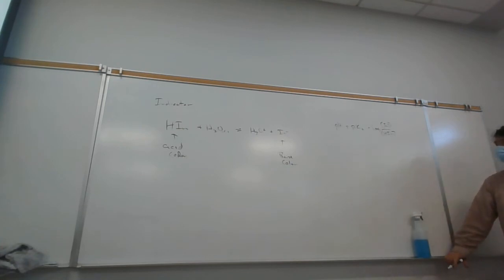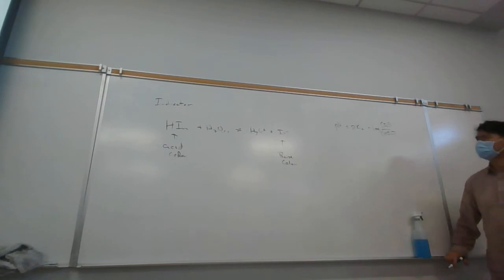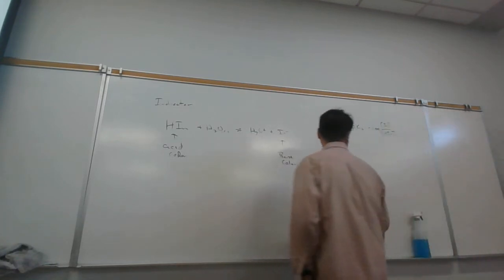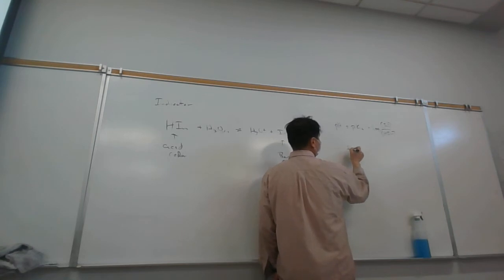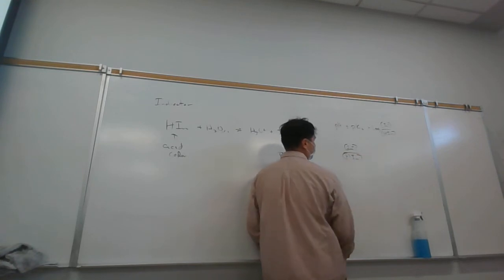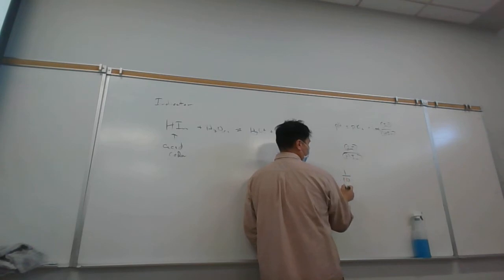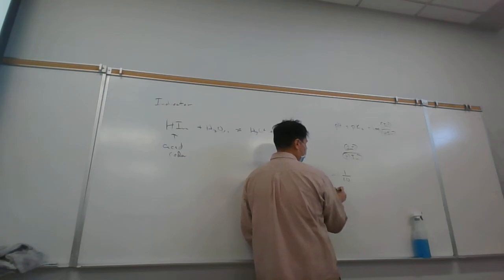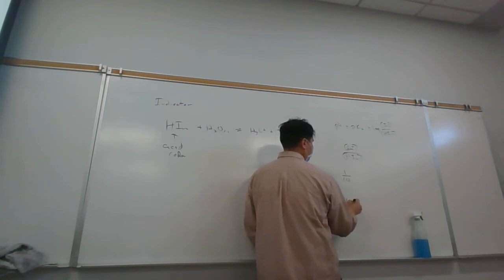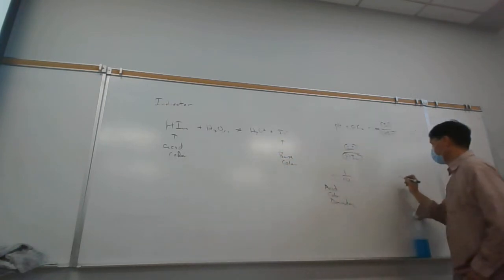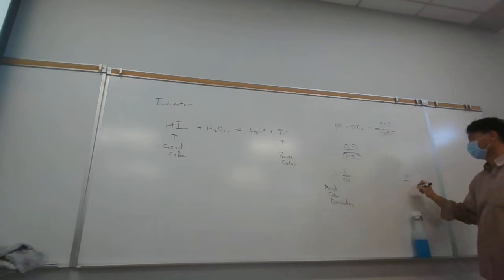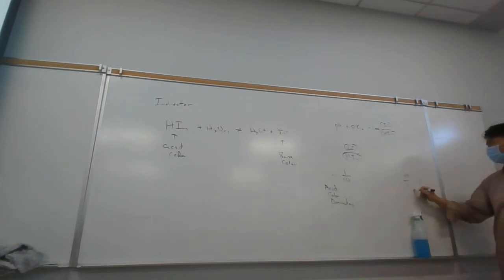So what happens is this. When we look at the base to acid ratio here, if we have 1 to 10 or less, then what we see is the acid color dominates. If we have a 10 to 1 ratio or more, the base color dominates.